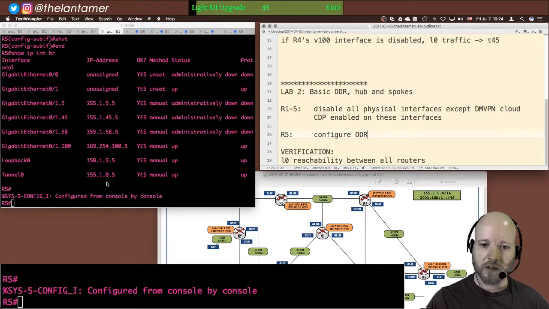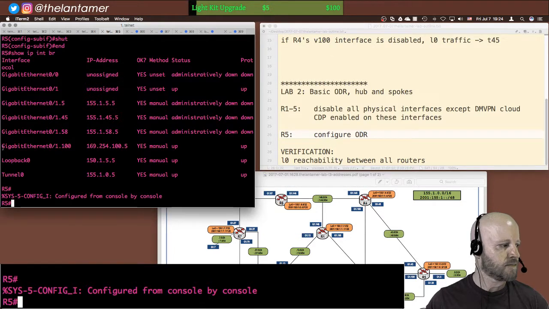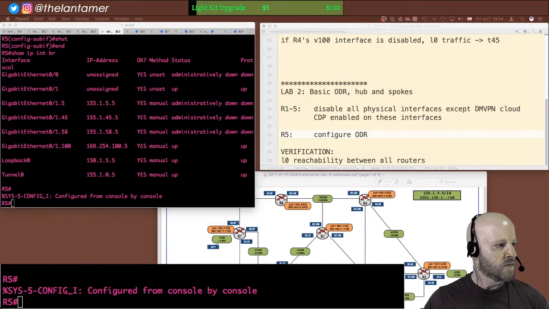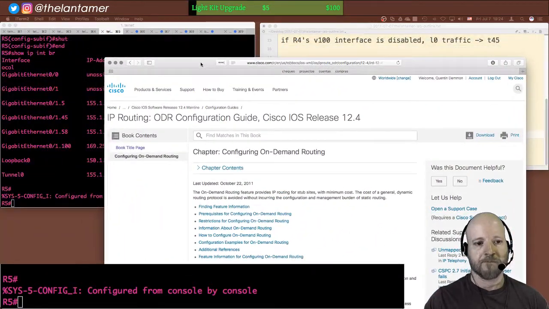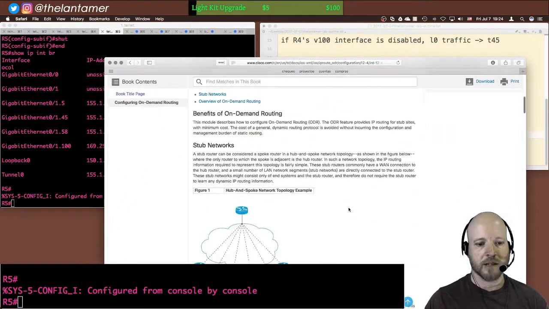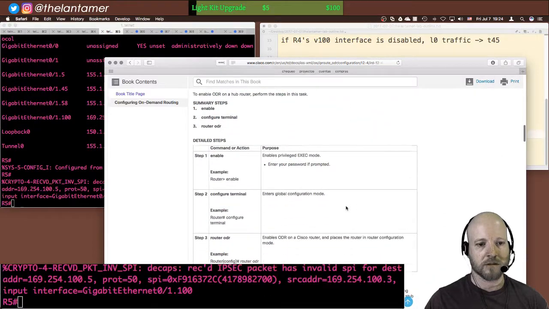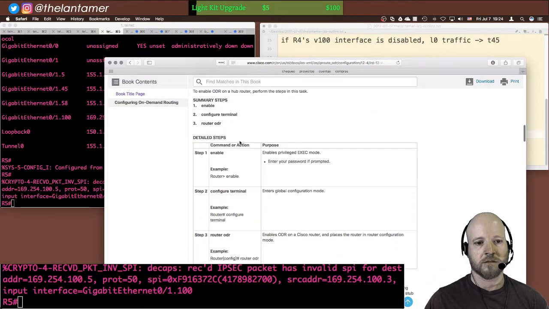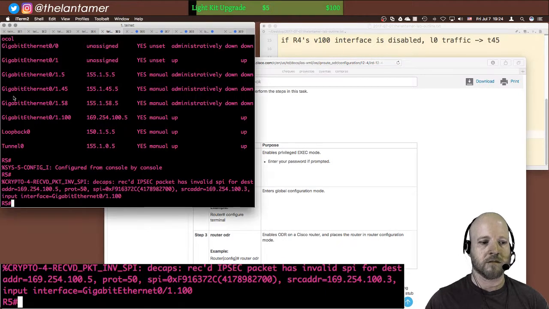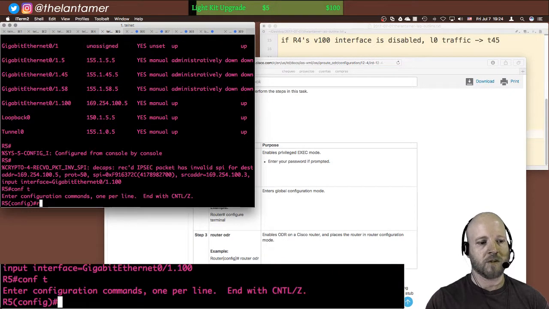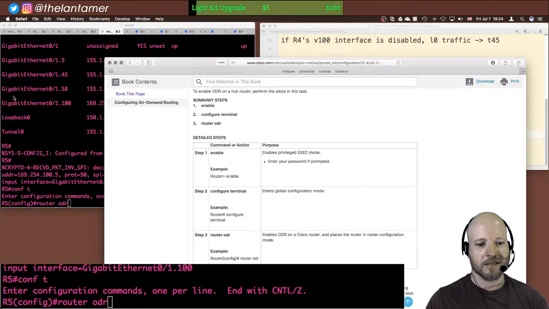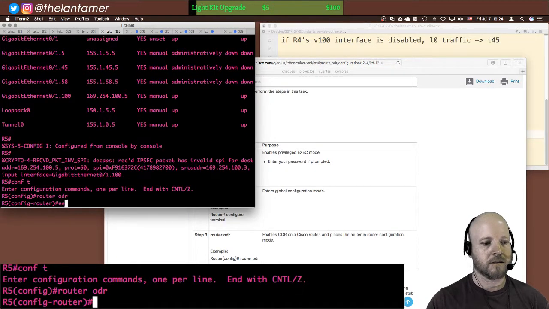Now we configure ODR on number 5. Let's check out, I had that ODR doc up here. Here it is. On-demand routing, and it's pretty simple. Router ODR. I think that's it.